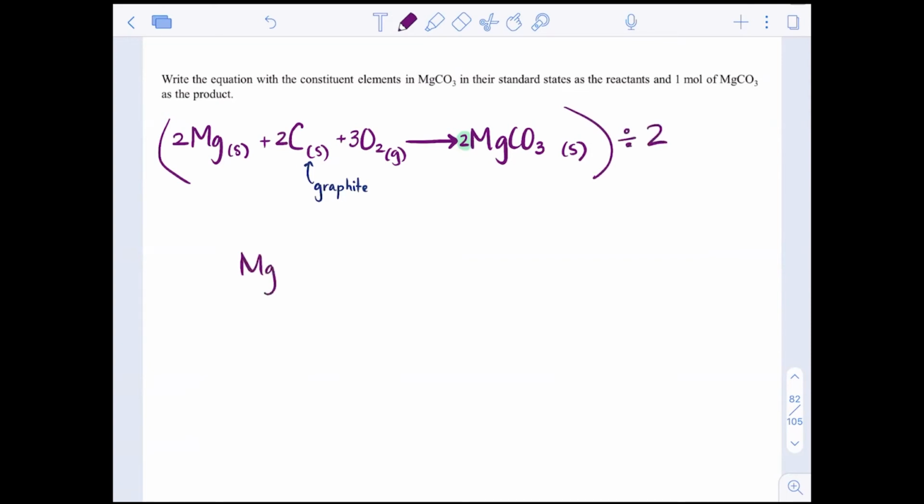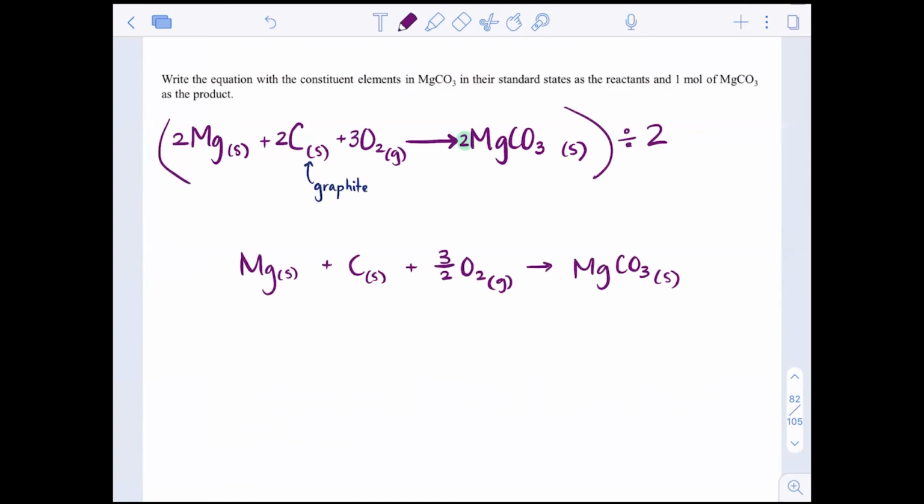Yes, it's going to look funny, but it satisfies the overall definition of a formation reaction. 1 magnesium plus 1 carbon plus 3/2 oxygen yields 1 mole of magnesium carbonate.